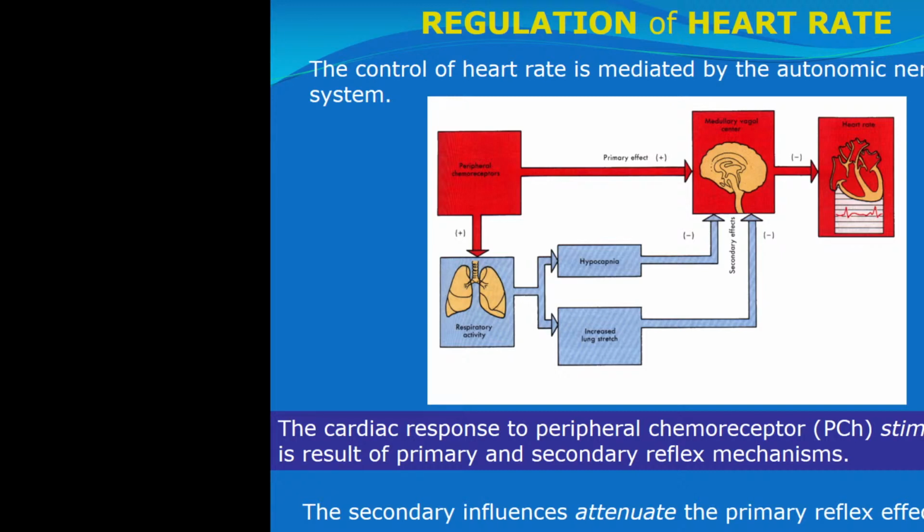The cardiac response to peripheral chemoreceptor stimulation is a result of primary and secondary reflex mechanisms. The secondary influences attenuate the primary reflex effect of the chemoreceptor stimulus on the heart rate.